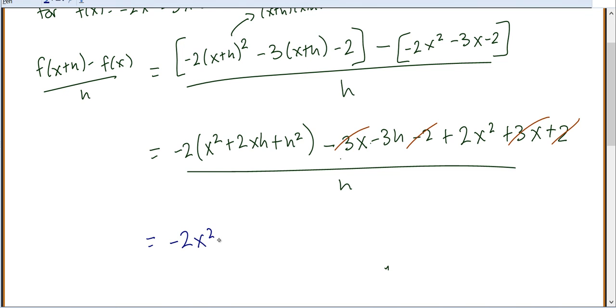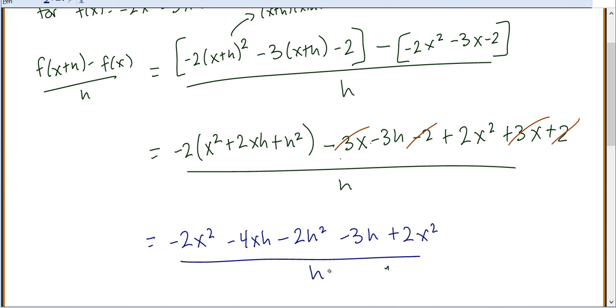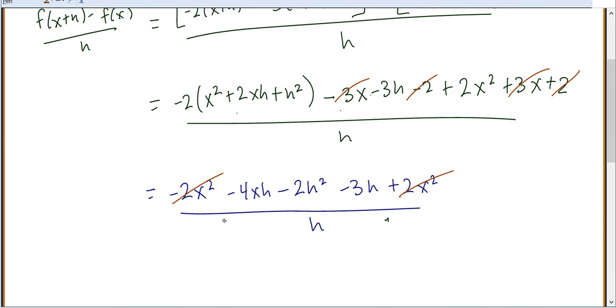So we have negative 2x squared minus 4xh, minus 2h squared minus 3h plus 2x squared all over h. This positive 2x squared and negative 2x squared cancel. And you usually know you're doing this correctly if you're left with only terms that include an h. So we have negative 4xh minus 2h squared minus 3h all over h.